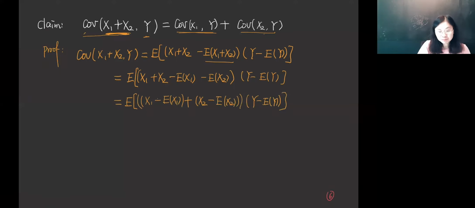Now we use the distributive rule for the products, and distribute the deviation of Y from its mean to these two terms. And we get this.